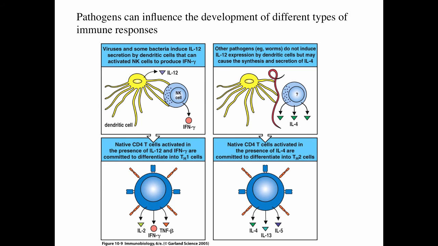So one way that regulates the development of the different T effector cell subsets is it correlates with the type of pathogen that is activating the immune response in the first place. And so, for example, some viruses and some bacteria will engage with pattern recognition receptors on cells in the microenvironment in that infection, for example, on dendritic cells or macrophages.